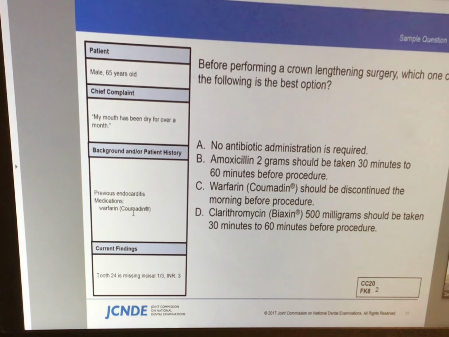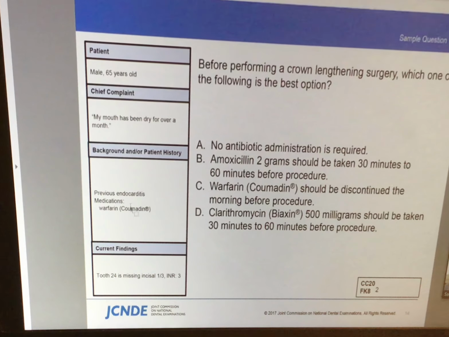Okay, amoxicillin 2 grams, how long before? You have to give instructions to your patient, right? Probably 30 minutes to 60 minutes before the extraction.